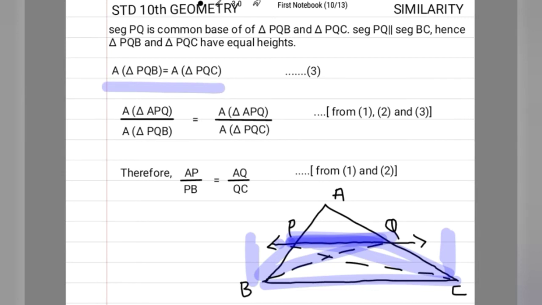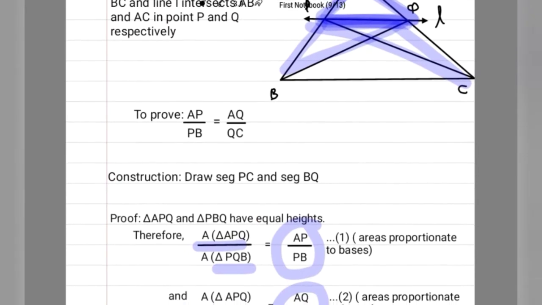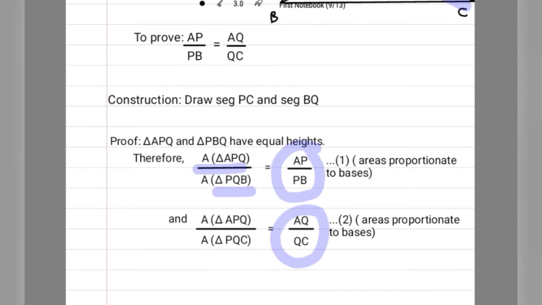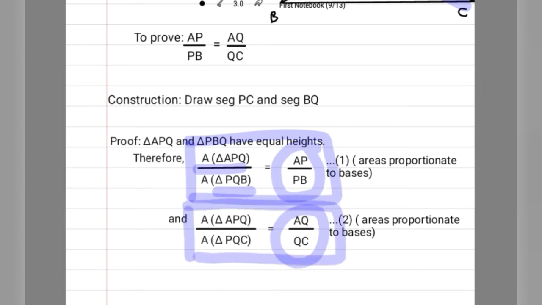Now from these three equations, what we get is, in this what we prove is area of triangle APQ upon area of triangle PQB is equal to AP upon PB, and the second equation is area of triangle APQ upon area of triangle PQC is equal to AQ upon QC. Now this area of triangle APQ is common in both.